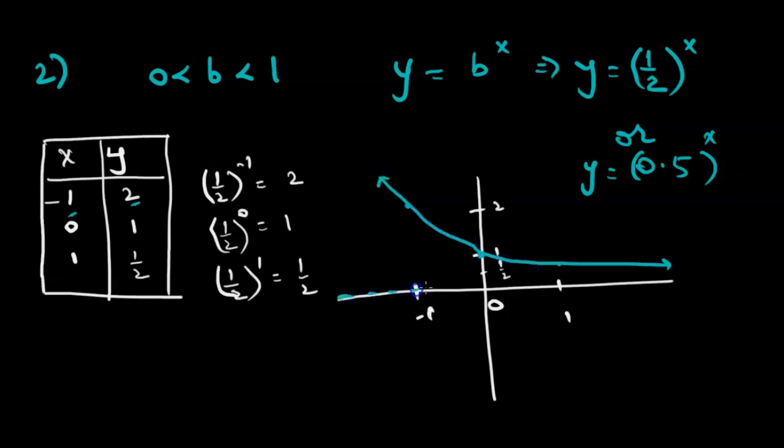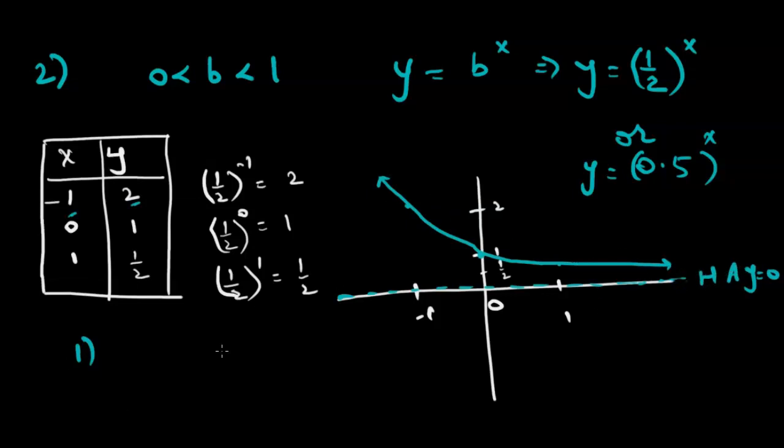The graph is not going to cross the x-axis, so there is a horizontal asymptote at, again, y equal to 0. So let's write down the characteristics looking at the graph. We see this graph starts on top and keeps going down, and this will keep on going down. However, it will not cross the horizontal asymptote, but it can go close to the horizontal asymptote.